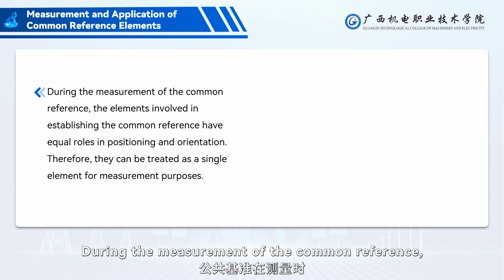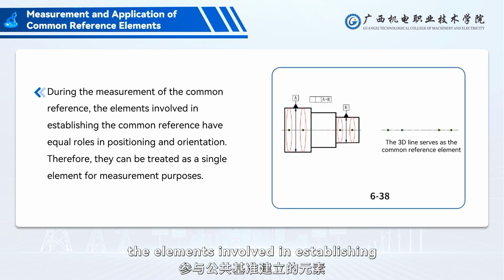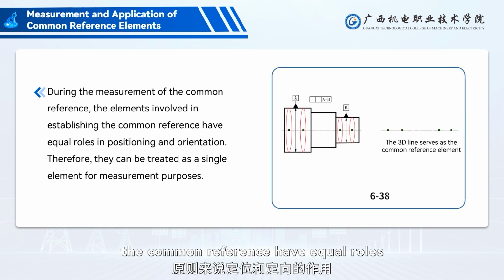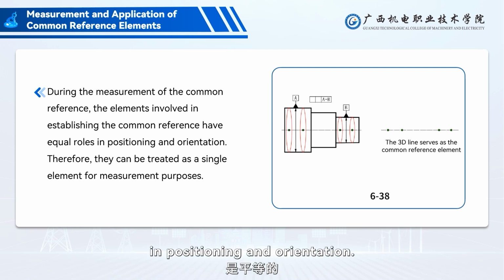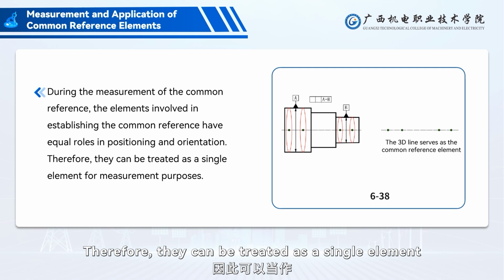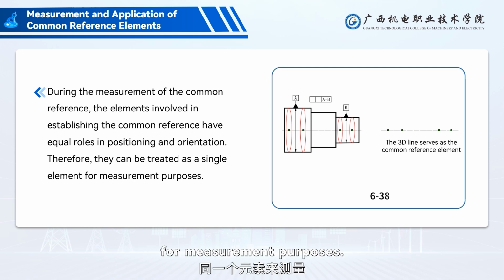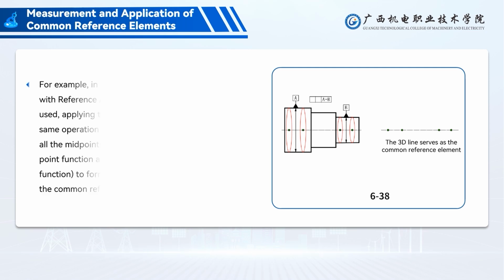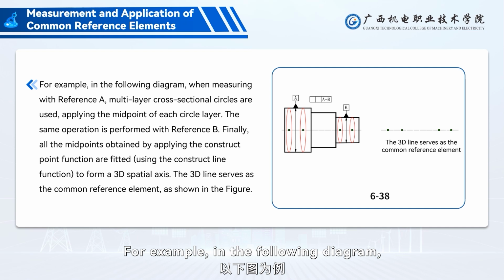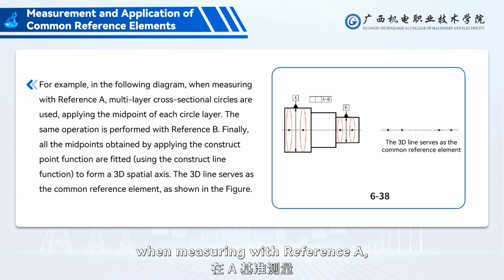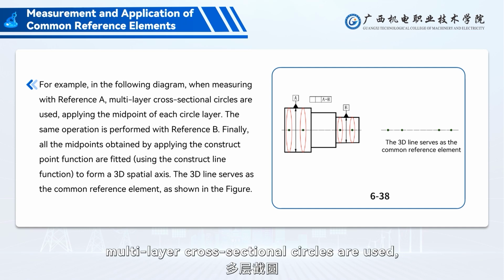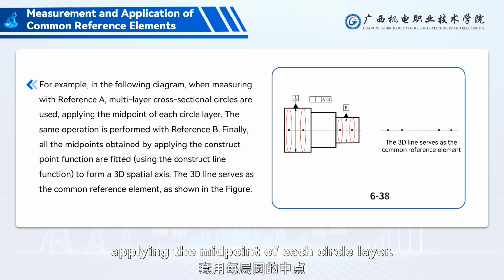During the measurement of the common reference, the elements involved in establishing the common reference have equal roles in positioning and orientation. Therefore, they can be treated as a single element for measurement purposes. For example, in the following diagram, when measuring with reference A, multi-layer cross-sectional circles are used, applying the midpoint of each circle layer.